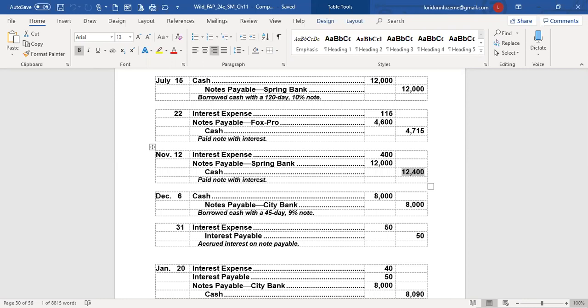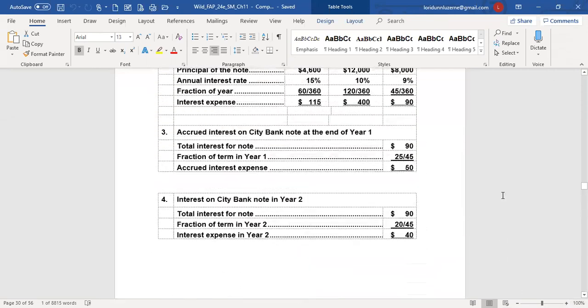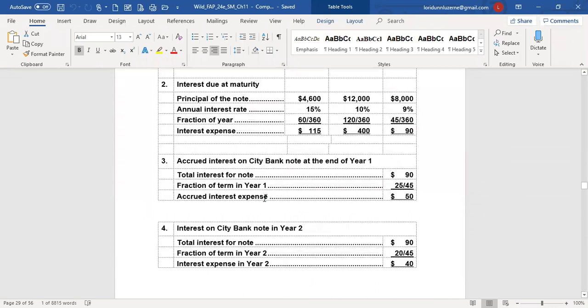Now this is the only loan that is active at the end of the year. So that's why it's the only one we calculate in step 3, accrued interest at the end of year 1. So $50 of the interest has occurred by the end of year 1.